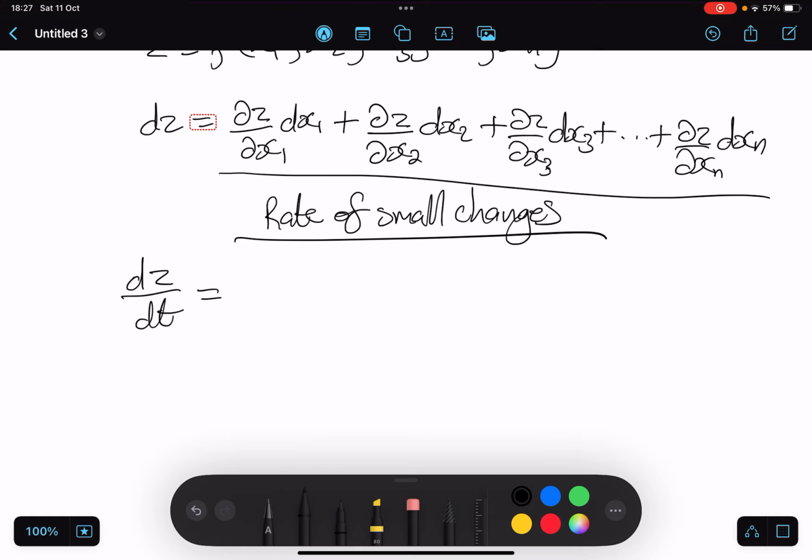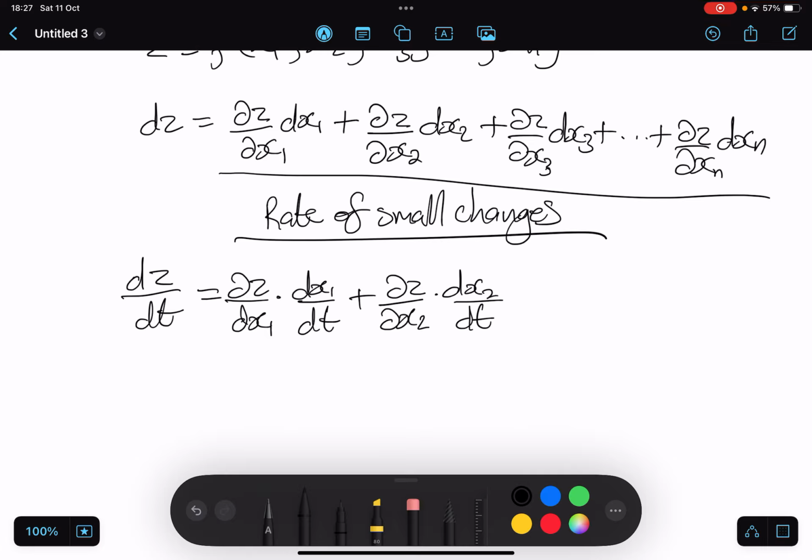So this is going to be dz over dx1 times dx1 over dt plus dz over dx2 times dx2 over dt plus dz over dx3 times dx3 over dt plus, up to dz over dxn times dxn over dt.